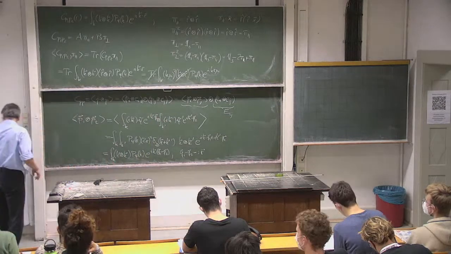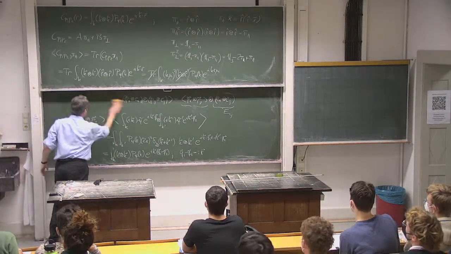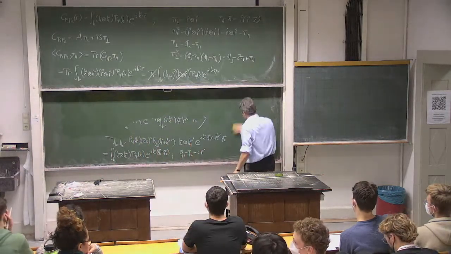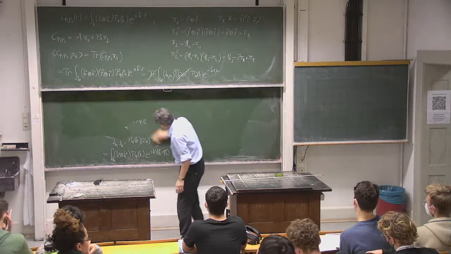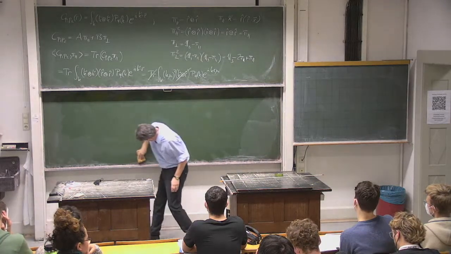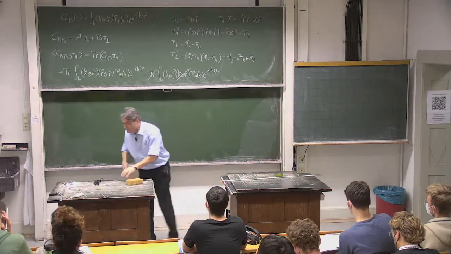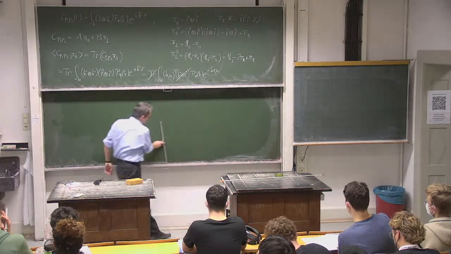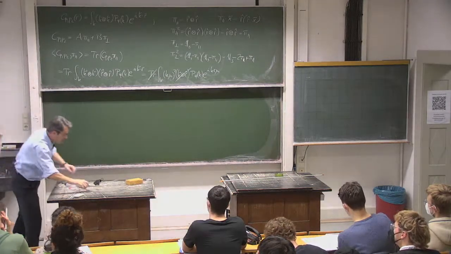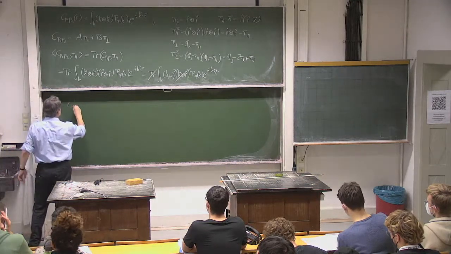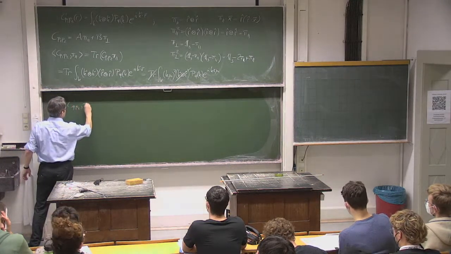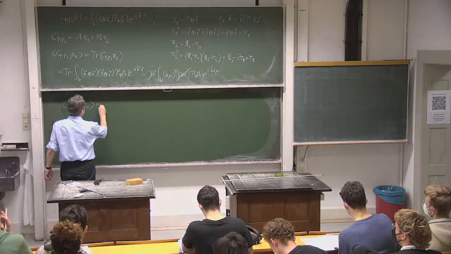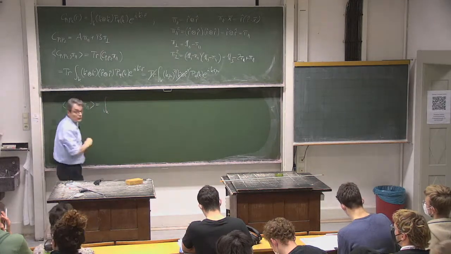So in other words, the scalar product of CP1, P2 and pi parallel is going to be the integral over all of K space.